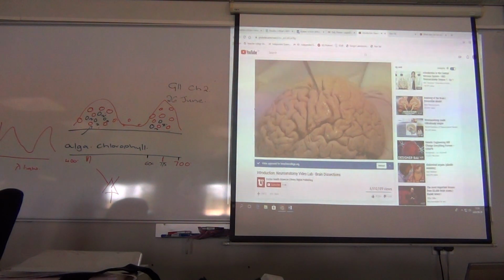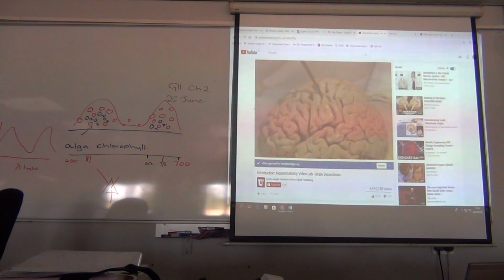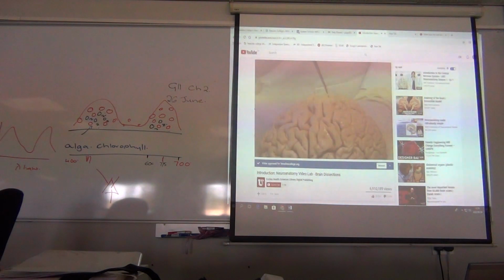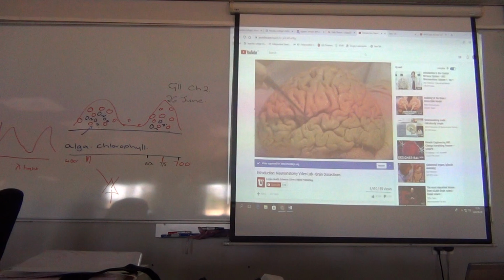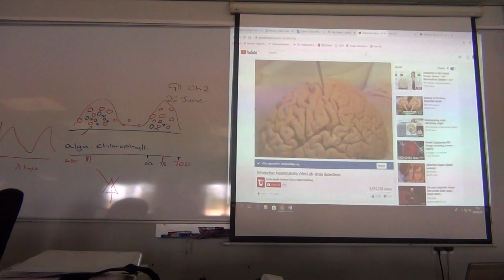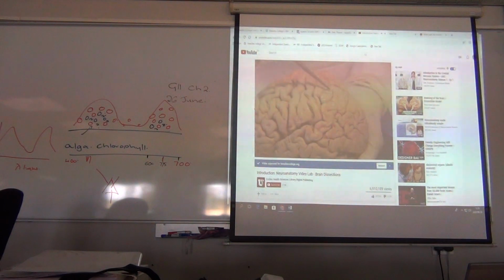The gyri have names, but we're not going to learn most of them. However, this major sulcus, the central sulcus, because it runs from the midline all the way down to the lateral fissure, separating it from the temporal lobe, this central sulcus separates frontal lobe in front of it from parietal lobe behind it.